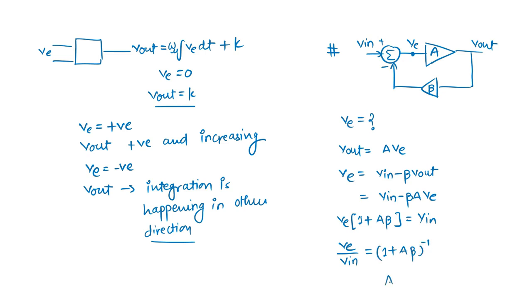If A beta, which is called the loop gain, is much greater than 1, the relative error is nothing but 1 upon A beta.